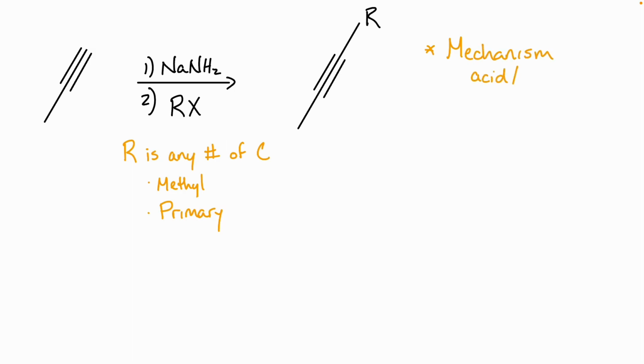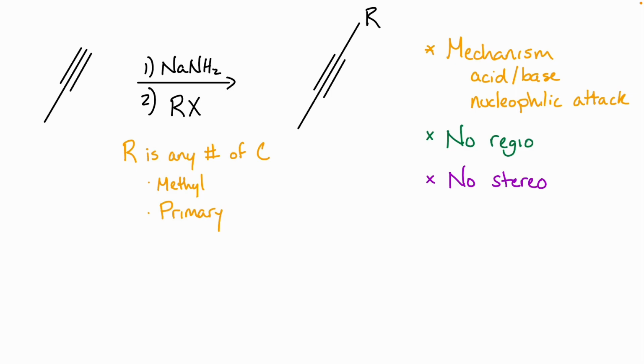It's an acid-base reaction followed by a nucleophilic attack. All right, but there's no regiospecificity. I mean, that R group's going on the end, but it's got no other choice. And no stereospecificity either.